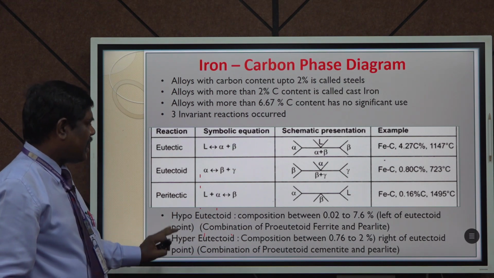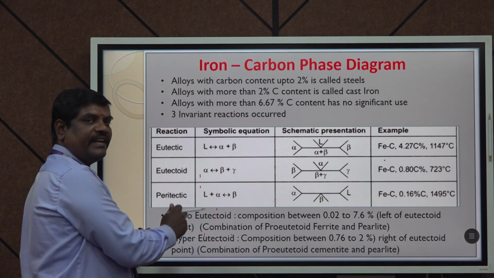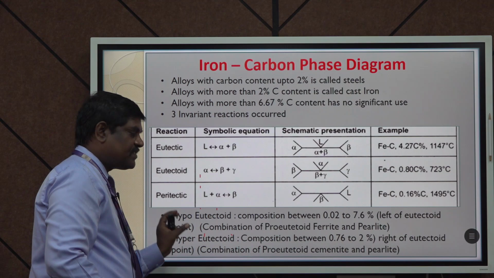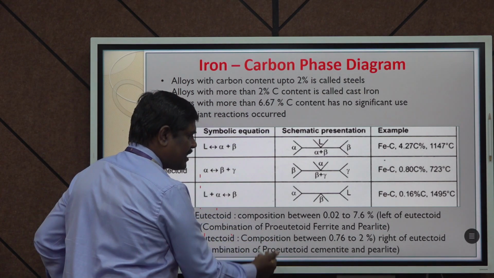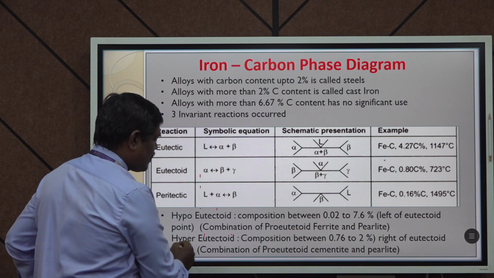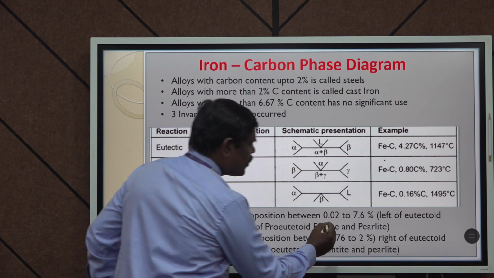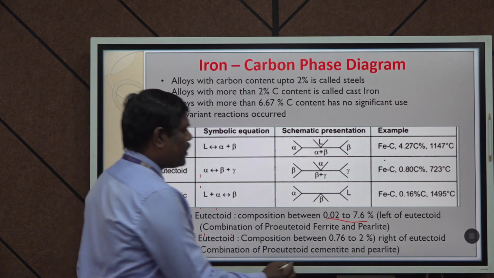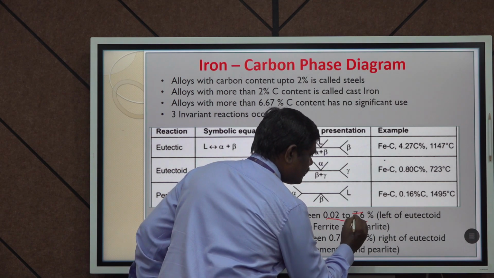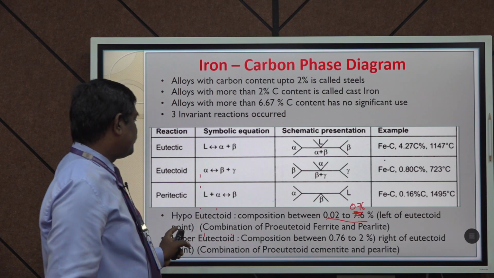What do you mean by hypoeutectoid? It means the left side point. On the previous slide I marked a portion on the left side, which we call hypoeutectoid, and I marked the right side point, which we call hypereutectoid. Hypoeutectoid means the composition is between 0.02 percentage and 0.76 percentage, that is left of the eutectoid.